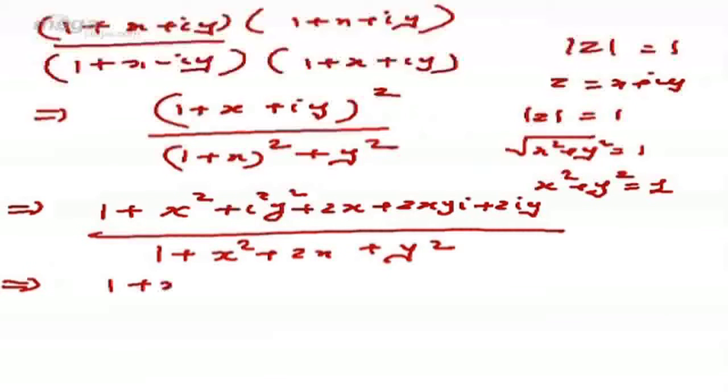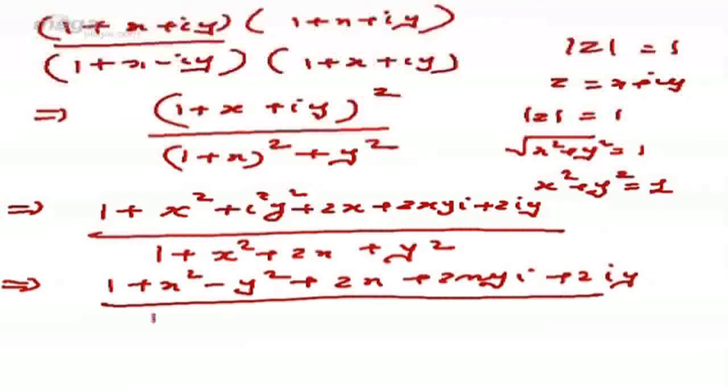It is equal to 1 plus x square, i square becomes minus 1, that is minus y square, plus 2x plus 2xyi plus 2iy divided by 1 plus x square plus y square plus 2x. x square plus y square will become 1.